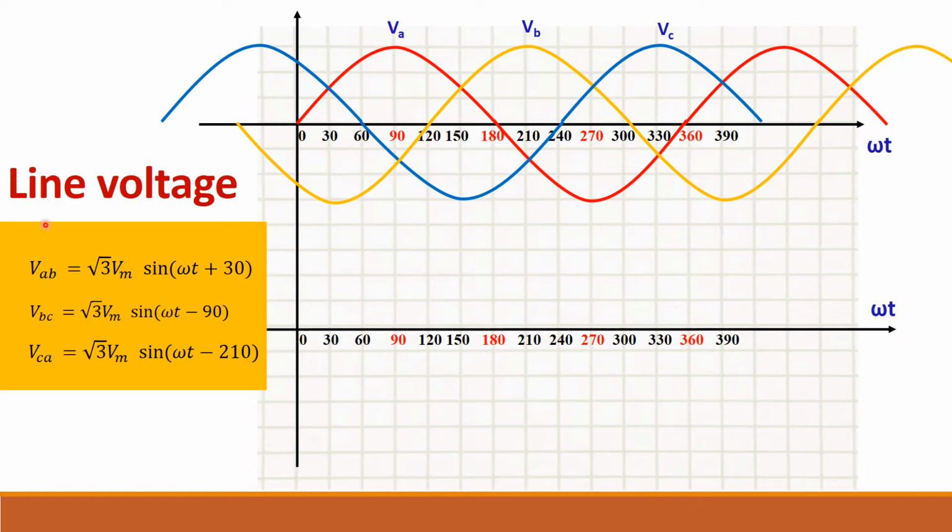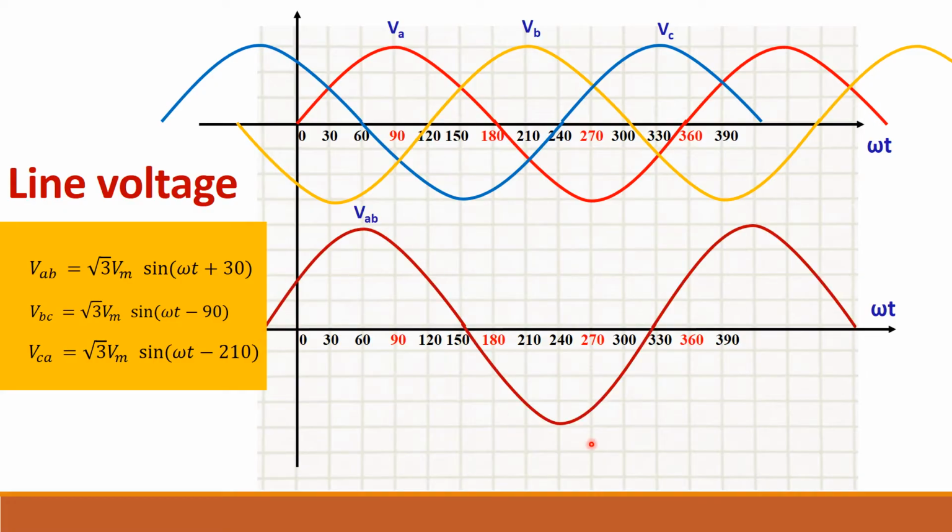Now we will draw the line voltage. VAB is leading by 30 degree because it has plus 30 degree. It means that it is leading the phase voltage VA by 30 degree. So how to draw this one? Take minus 30 here and draw the waveform.